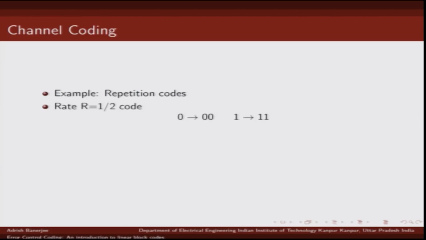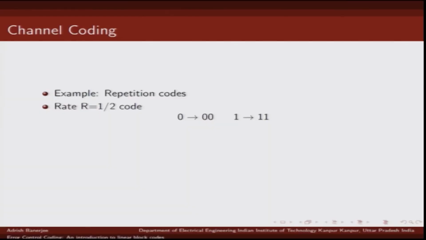The rate is defined as the ratio of the number of information bits to the number of coded bits. When I say a rate 1/2 code, I mean there is one information bit and two coded bits. In a binary repetition code, we repeat whatever the information bit is.